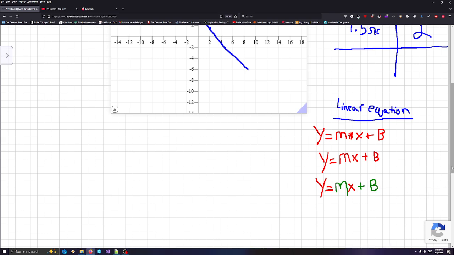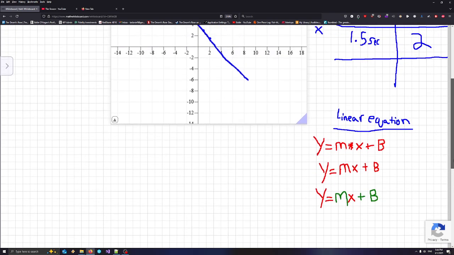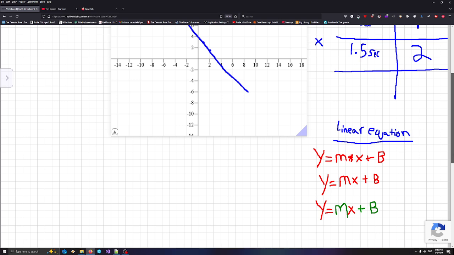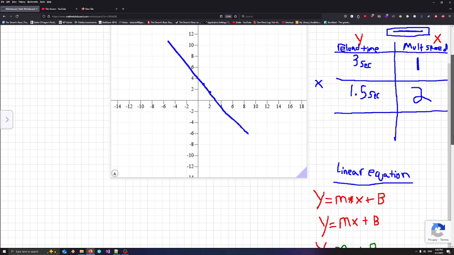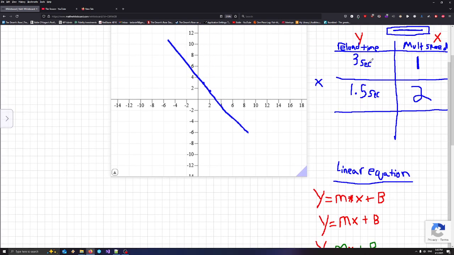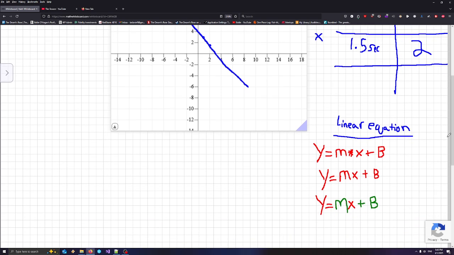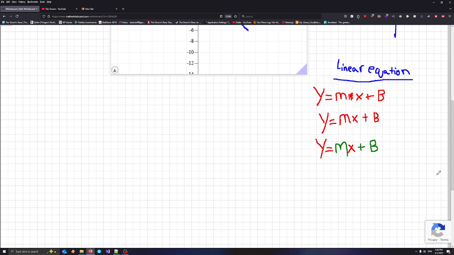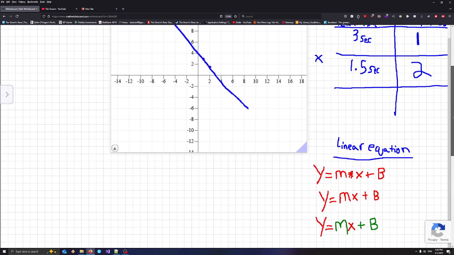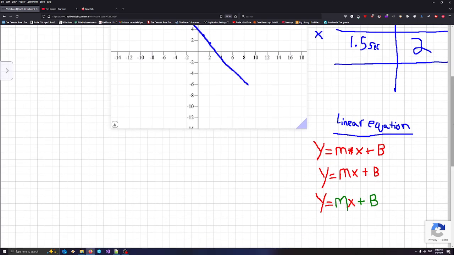You don't have to remember some of these technical terms, but it's more important that you get the math lesson out of it, or how you can use two pairs of correlating data to generate an equation to represent them. We have formulas for m and how to get b as well, and we'll get into that in a second.